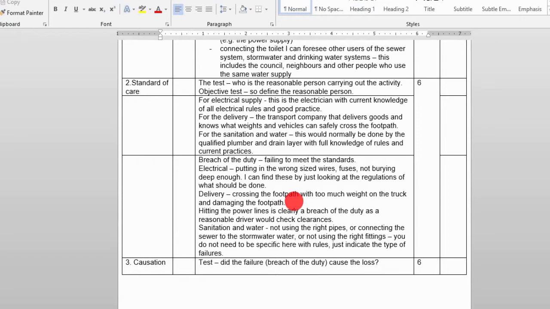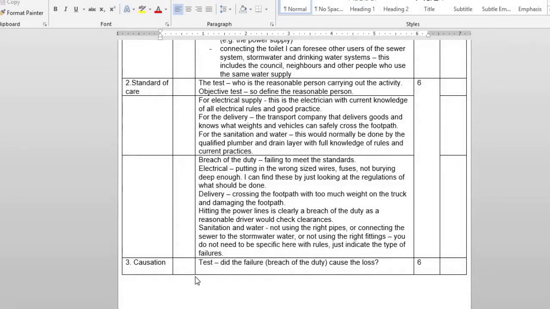Crossing the footpath with too much weight, well, that's a well-known issue to experienced truck drivers. And hitting the power lines, well, clearly a breach, as any reasonable driver or operator of a crane would of course check height clearances. And the sanitation water, again, that's a drainage issue. So I could easily have all of these breaches in my example.